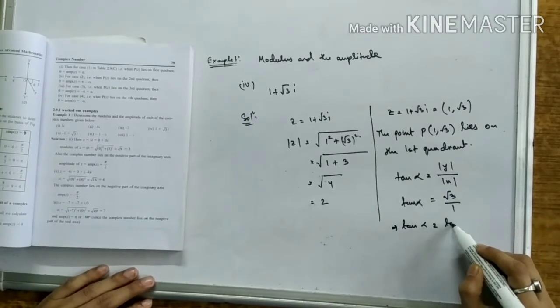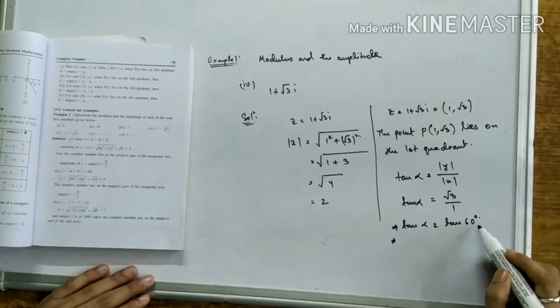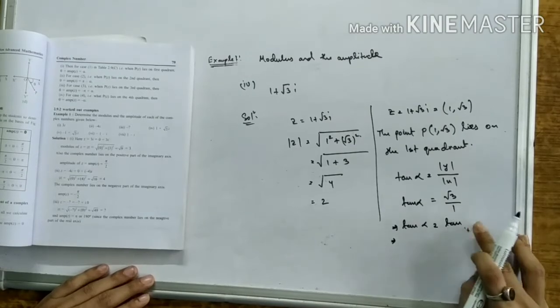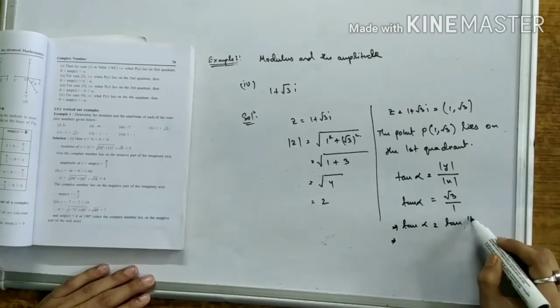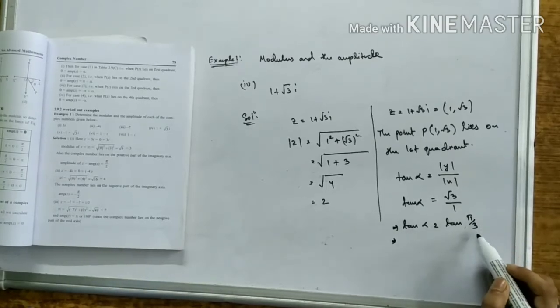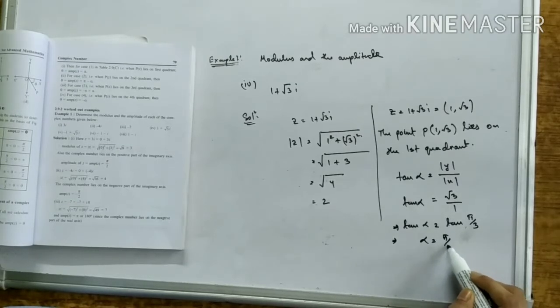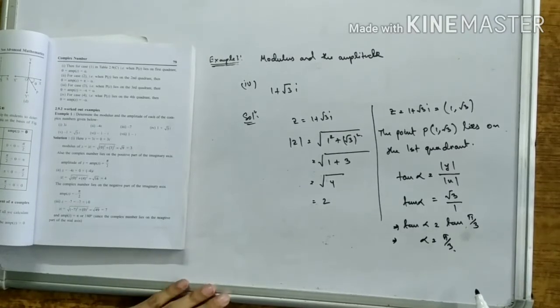Root 3 is tan 60 degrees, or in place of 60 degrees I can write pi by 3, because 180 divided by 3 gives 60, so pi by 3. So alpha is equal to pi by 3.